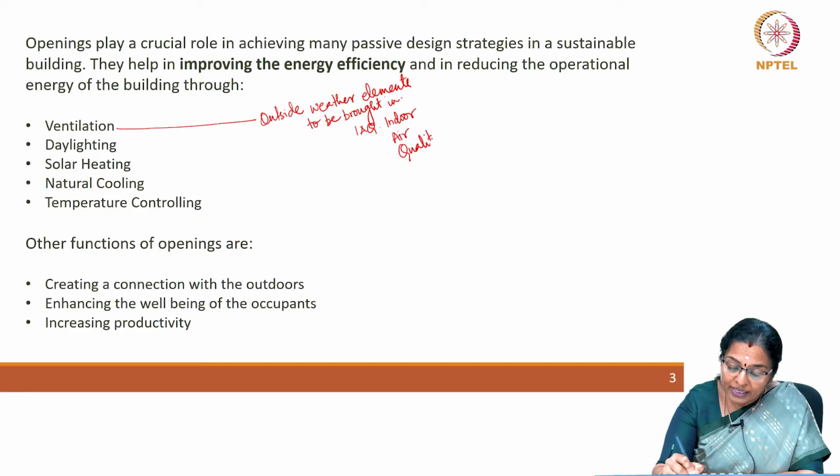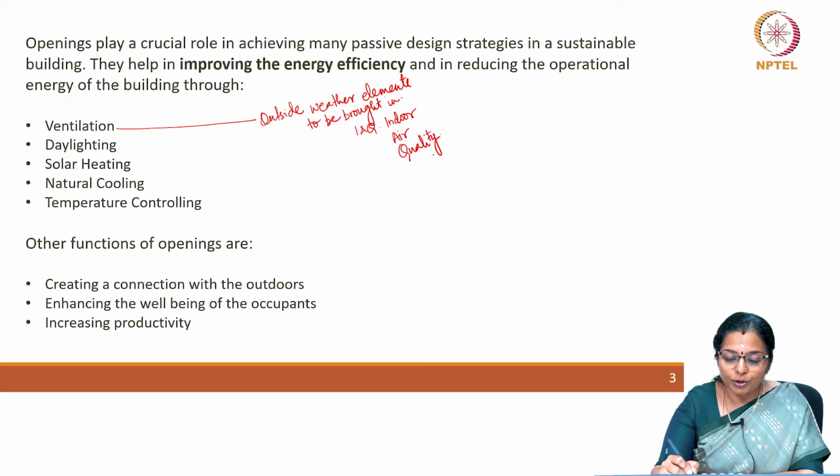becomes much better. If the indoor air quality has to be controlled in any other way, then it becomes mechanized. Sometimes we can use air conditioners or air purifiers. Both are dependent on the grid electricity, and therefore use of either one of them will increase the operational energy.